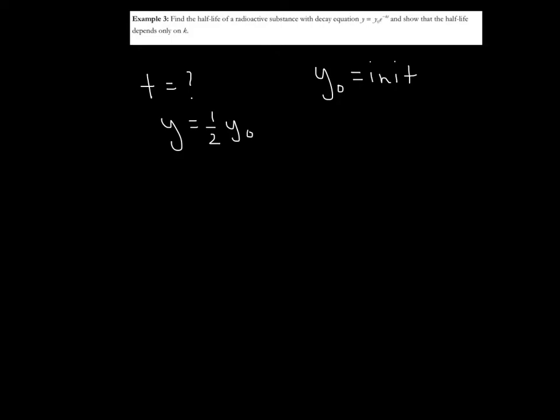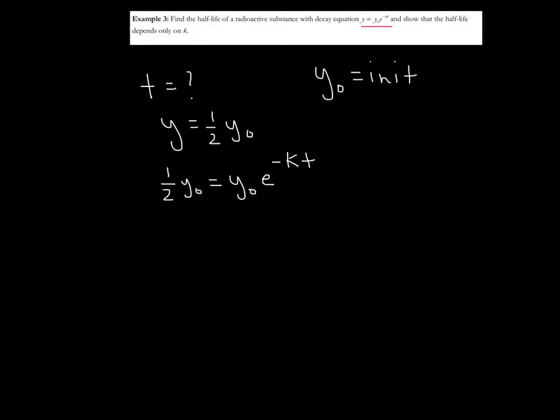So what we're going to do is plug in 1/2 y0 for y into this equation right there. So we're going to say 1/2 y0 is equal to the initial amount, e to the negative kt. You may say, well, why is it negative?